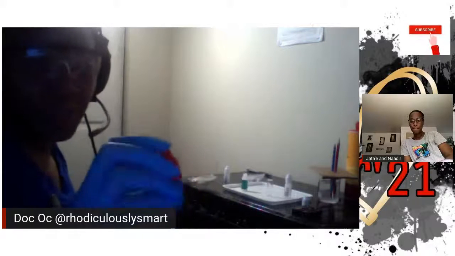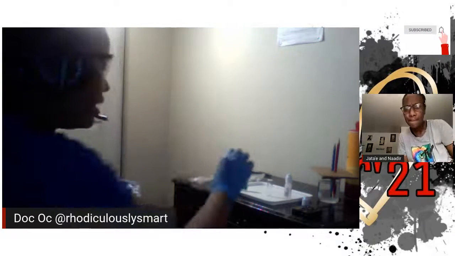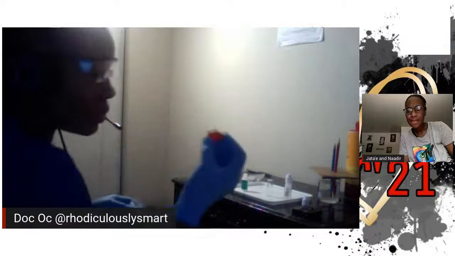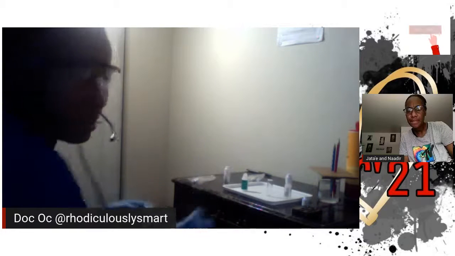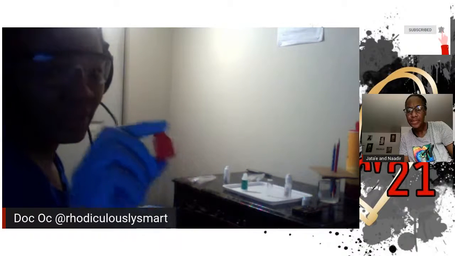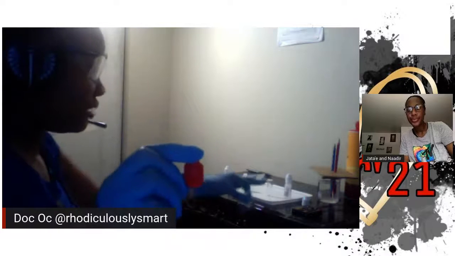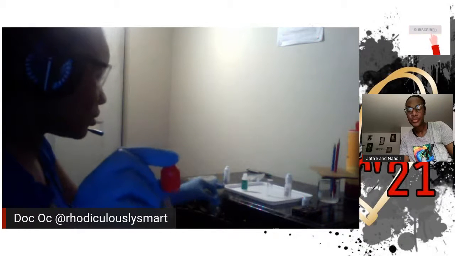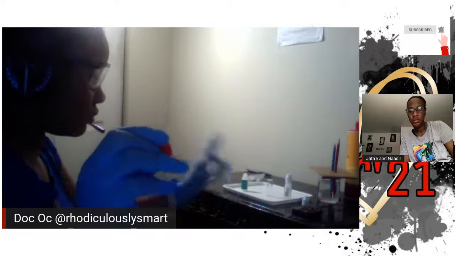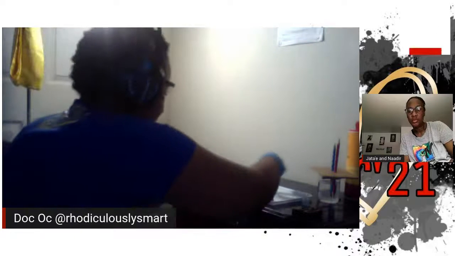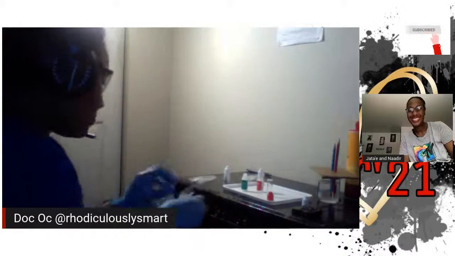And then they give you a separate color top because once you mix that in there, there's no real way for you to know that that's not just tin chloride. So they give you a different color top so that once you mix the acid with the tin chloride, you don't confuse it. Like, no, this isn't just that anymore.